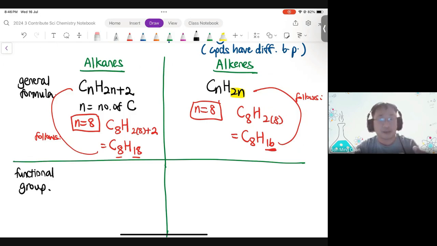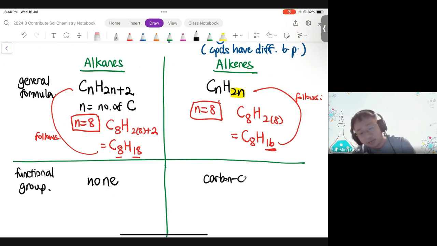Are there any special atoms or groups of atoms which give rise to specific chemical reactions? So alkanes have no functional group, meaning alkanes do not have any special atoms that give rise to very special chemical reactions. However, alkenes have a functional group, and that's the carbon-carbon double bond.